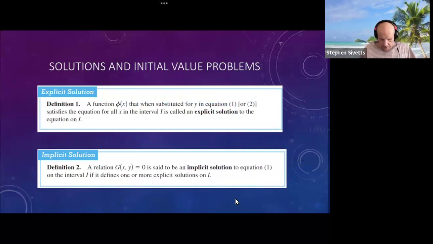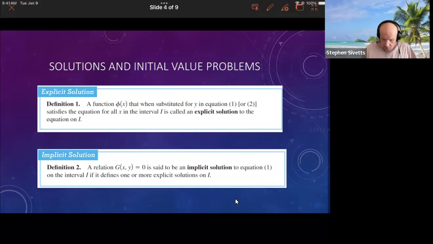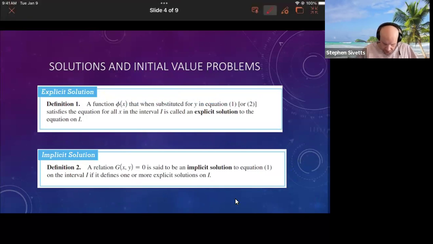Okay. So in order to show a function as what's called an explicit solution, right? So a function, what's called phi of x, when substituted for y in this equation, so you're going to have two formulations of a differential equation.